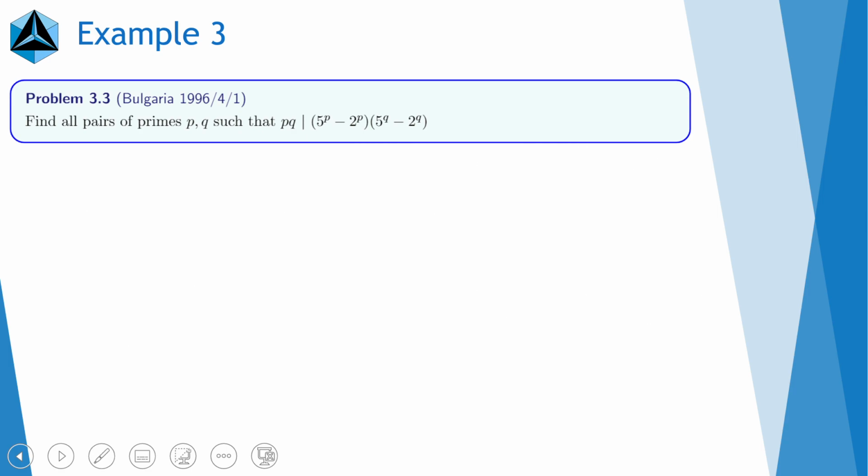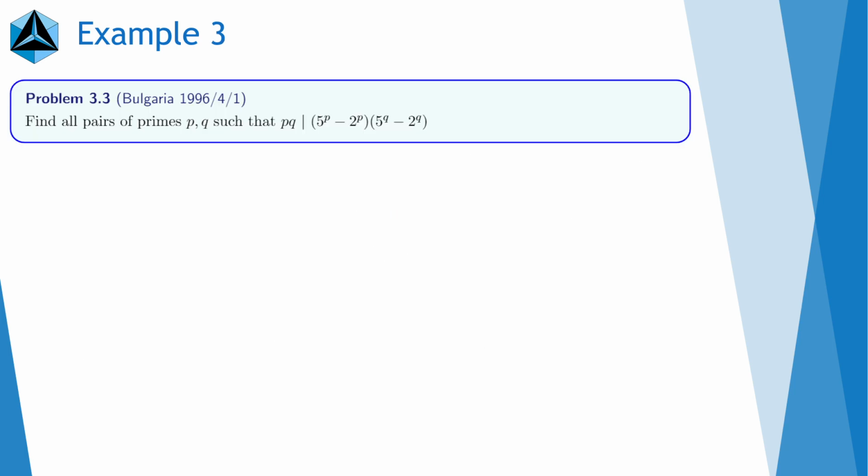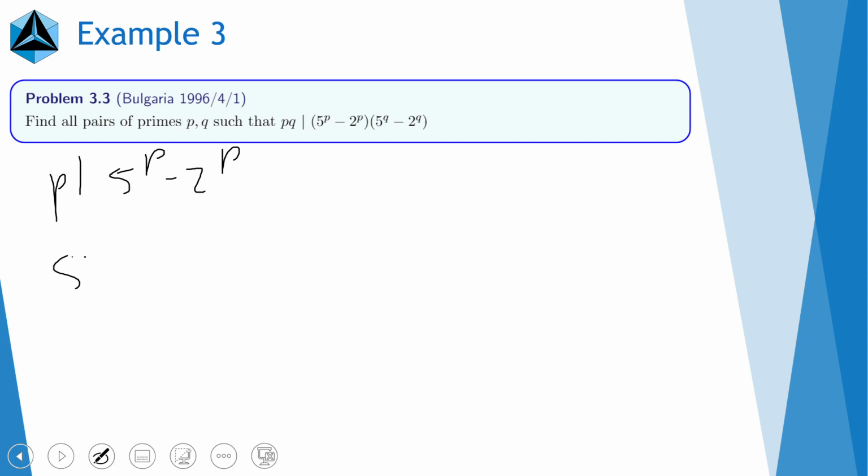And then when none of them are true, that obviously implies that this is true and this is true. So let's look at the first case where both are true, meaning p divides 5 to the p minus 2 to the p, and the same goes for q. So let's investigate this, which gives us that 5 to the p minus 2 to the p is congruent to 0 mod p.